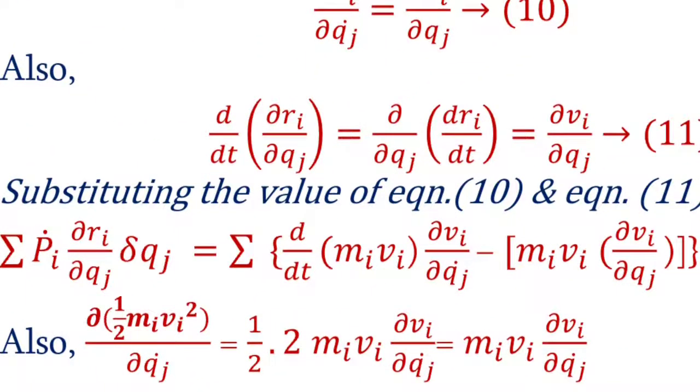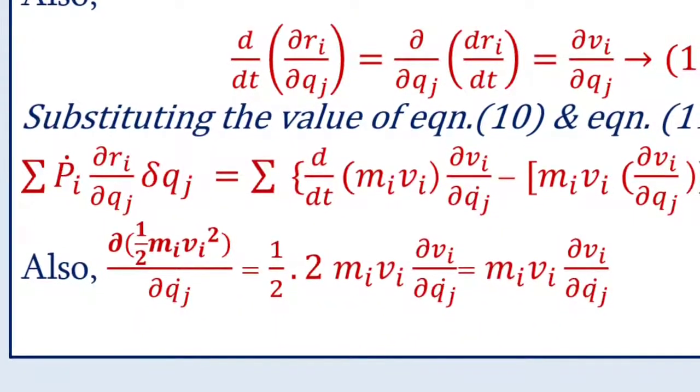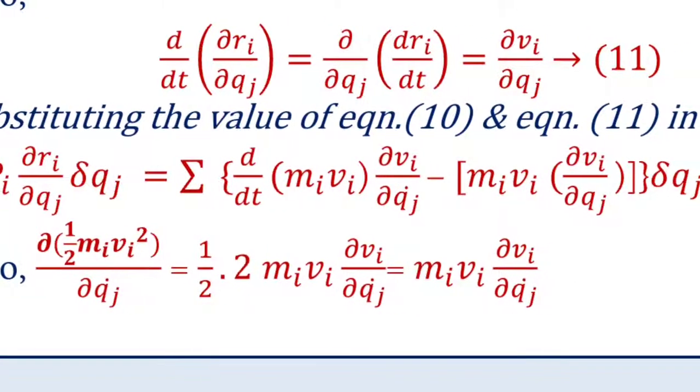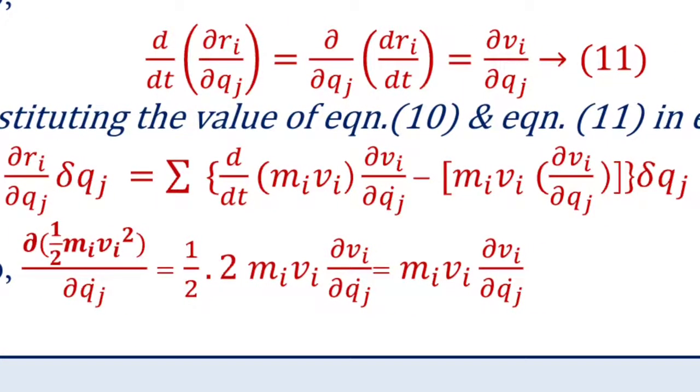Now here you see, if I do ∂/∂Qj dot of half mi vi square, we know this half mi vi square is nothing but the kinetic energy. If I differentiate this kinetic energy with respect to Qj dot, I will get 1/2 mi; when I differentiate vi square, I will get 2 in front, 2 vi into ∂vi/∂Qj dot.